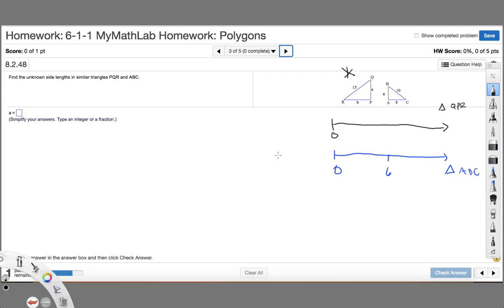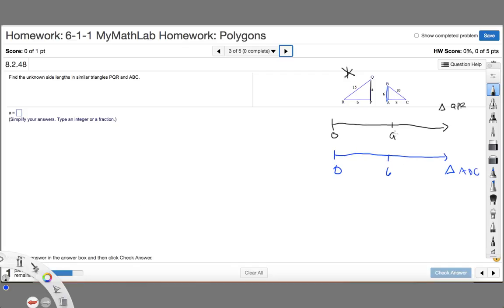that corresponds to some unknown number of units on triangle QPR. And that's true because this side corresponds to that side. So this side on triangle QPR corresponds to this side on triangle ABC.